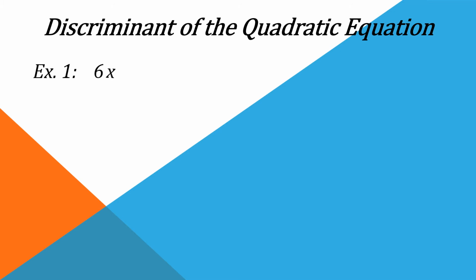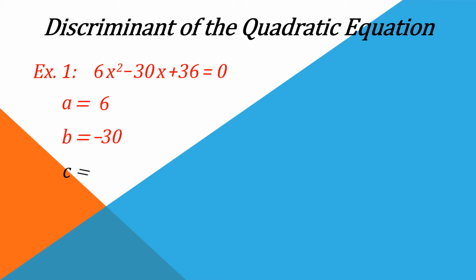Example number 1: 6x squared minus 30x plus 36 is equal to 0. Let us take all the coefficients a, b, and c. a is equal to 6, b is equal to negative 30, c is equal to 36.